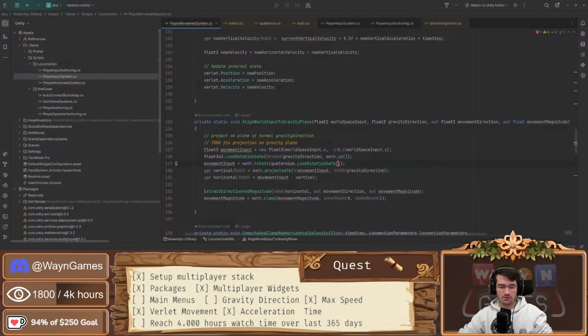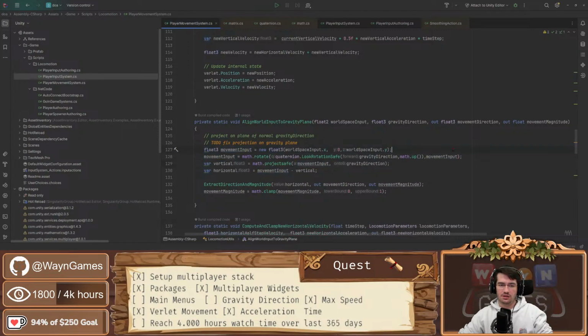Let's do this one. So I can have the quaternion that I'm looking for and rotate it here. Okay. So this is rotated.